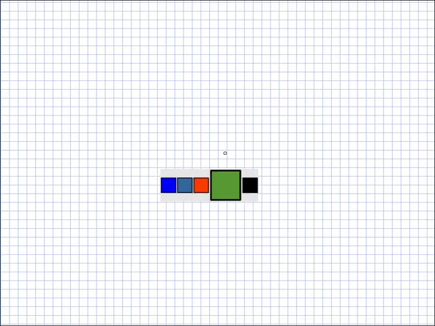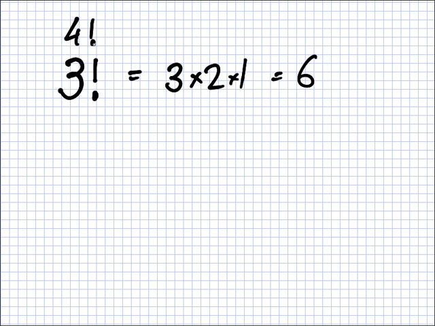Now, binomial theorem next. To get started, we need a little bit of a definition. I don't know if some of you have seen the meaning of this symbol before, called factorial. For example, 3 factorial means 3 times 2 times 1. 4 factorial?